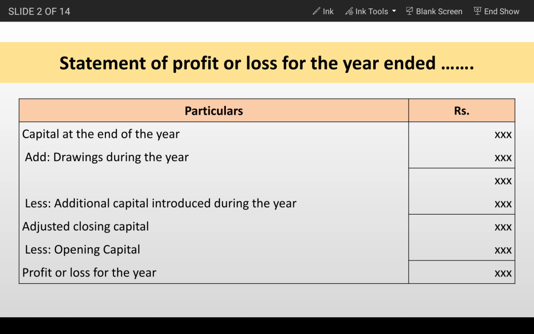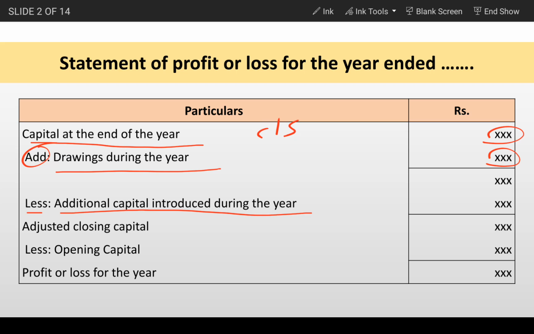First, capital at the end of the year, which means closing capital. To the closing capital amount, the drawings should be added, and after that we have to subtract the additional capital introduced, and that amount will be known as adjusted closing capital.